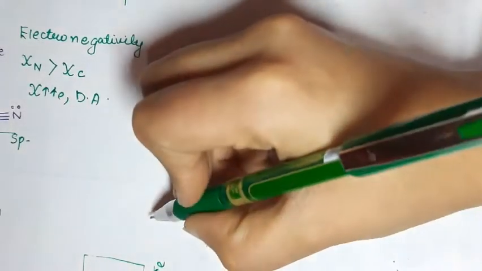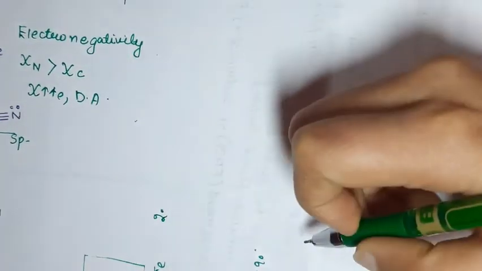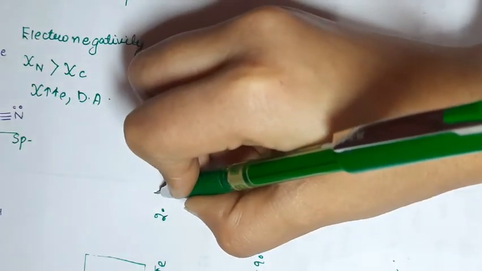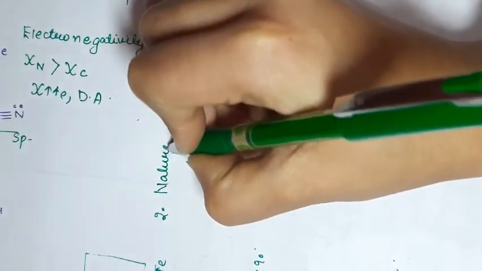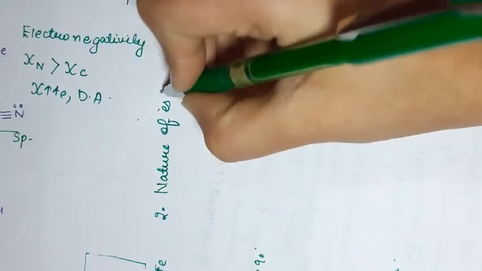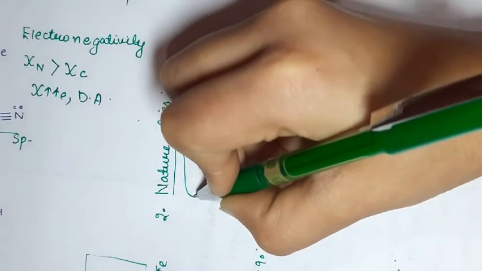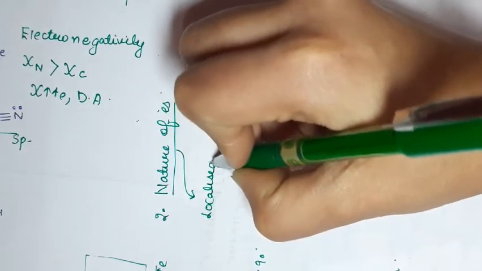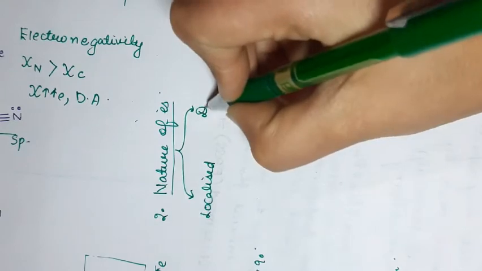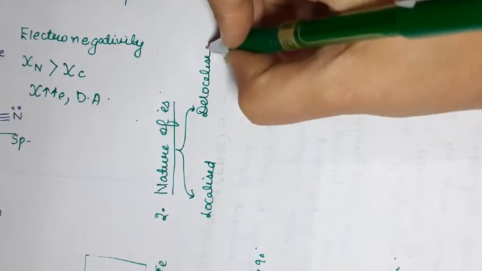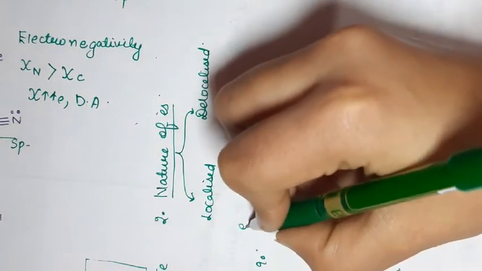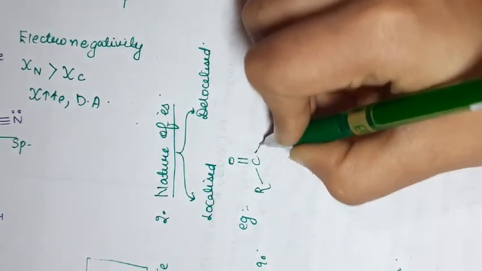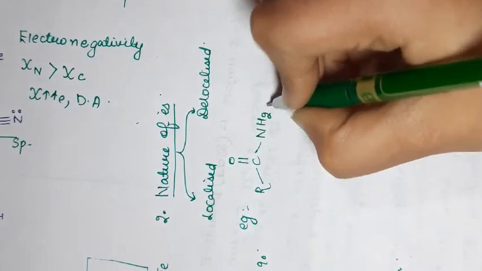Now the next factor which contributes to the donor ability is the nature of electrons. In nature of electrons, we have to study whether our electrons are localized or delocalized. Let us consider an example of amide.